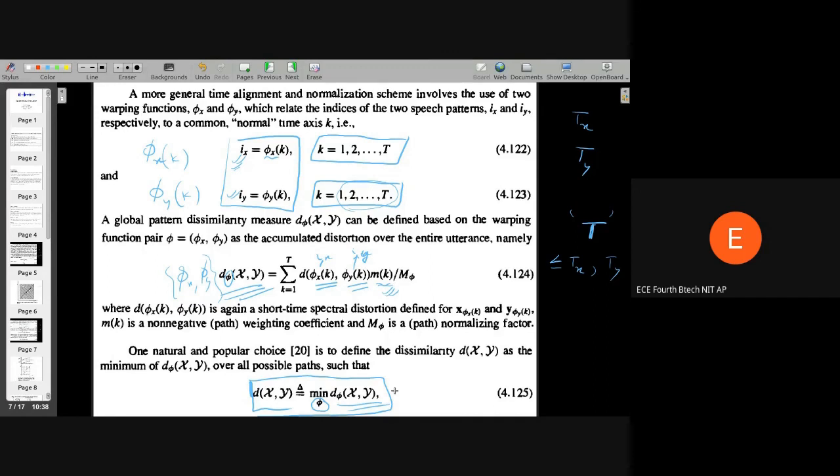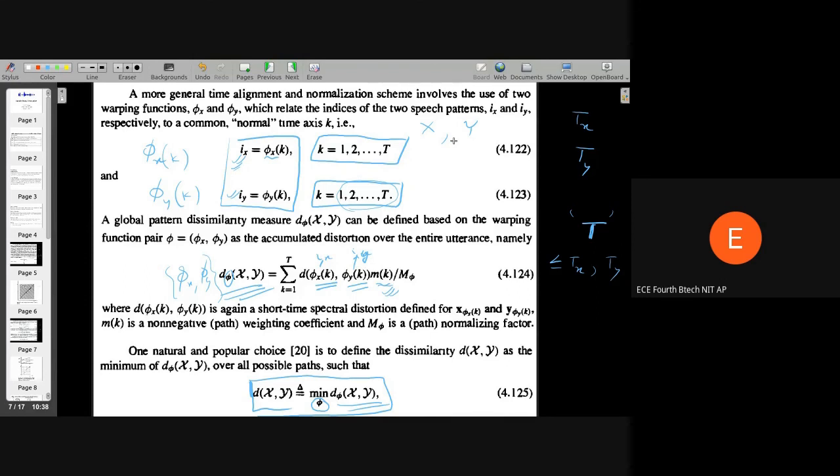You have two sequences, x and y, of lengths Tx and Ty. We want to match the individual points of those two sequences because they are of different length. So we need to find two functions, phi x and phi y, which will tell us which individual points of both these sequences we have to compare and match.